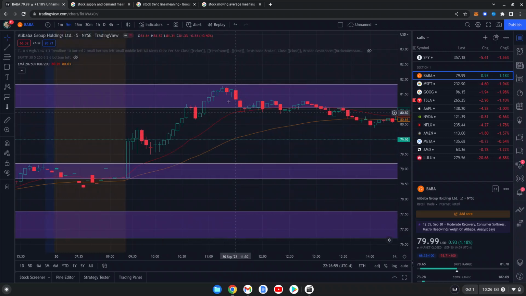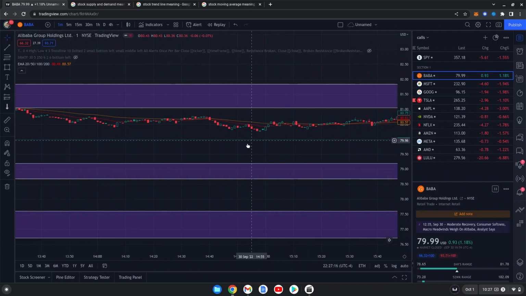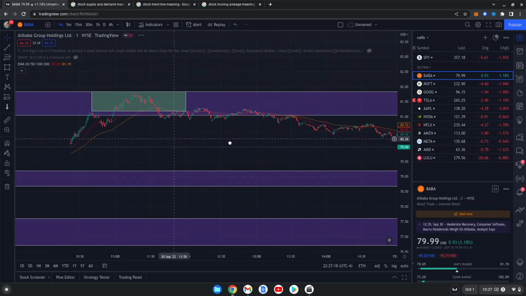So the stock comes into here. So let's highlight this area and see what we do in this area. We highlight that. Let's change the color. And let's jump to our 1 minute time frame and see what we are looking for.